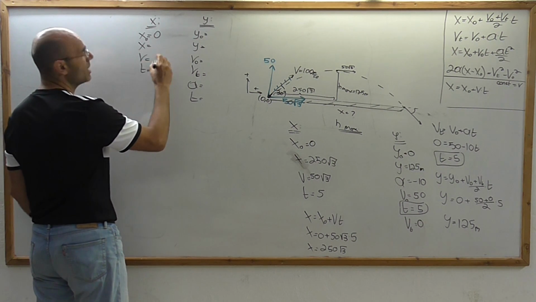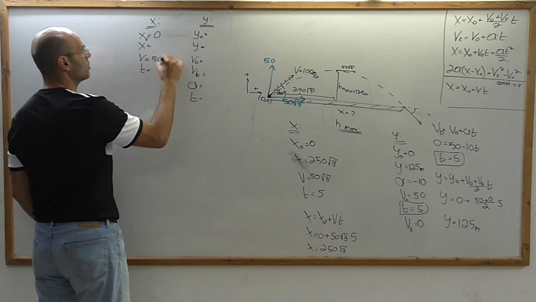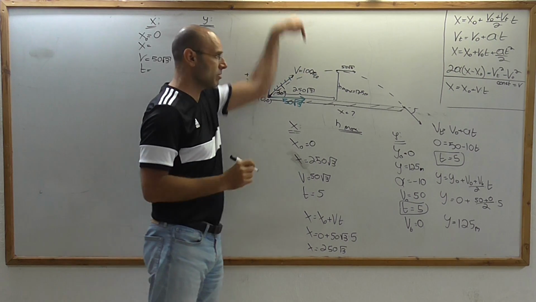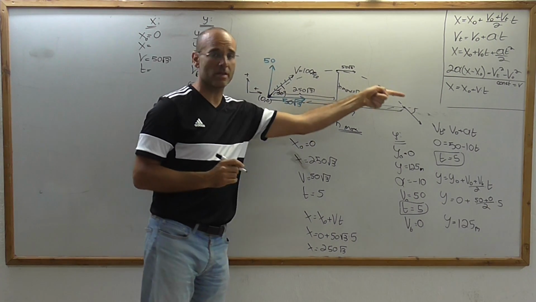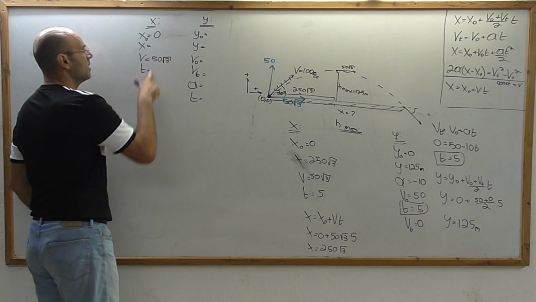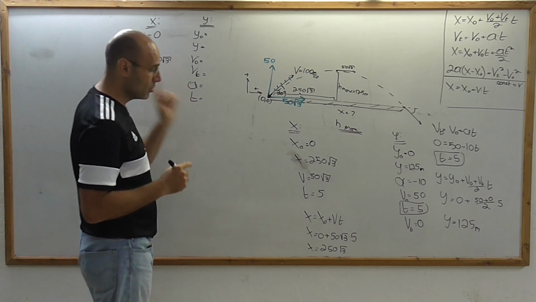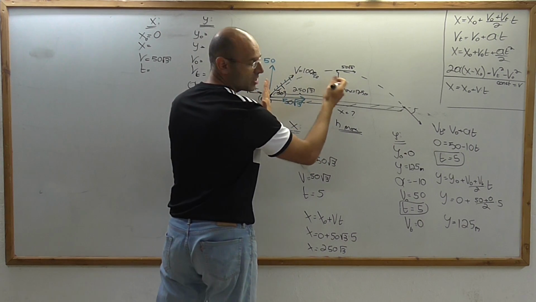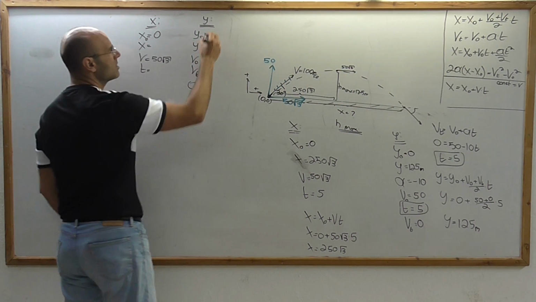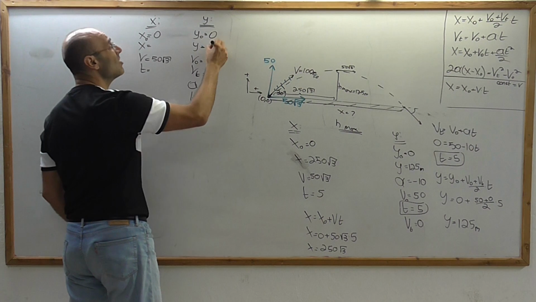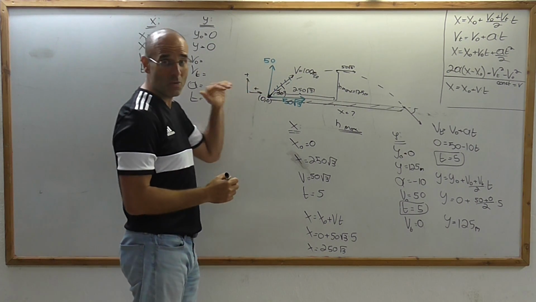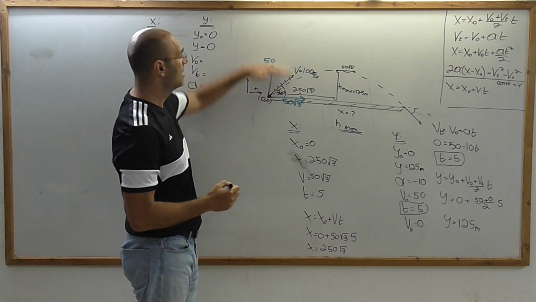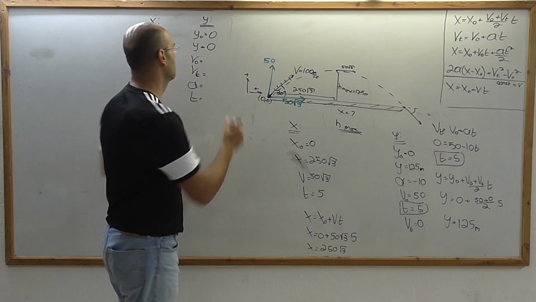V will always remain 50 square root of 3 because the forces are in this direction, nothing in this direction. Time, I don't know. I'll prove it will be 10 seconds, exactly twice the amount to reach the top. Okay, y0 is 0. Y final is also 0 because in the y-axis it starts here and it finishes here.